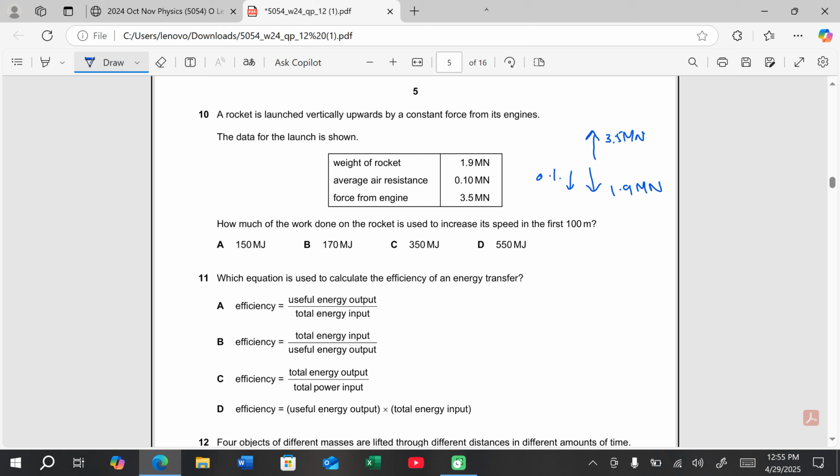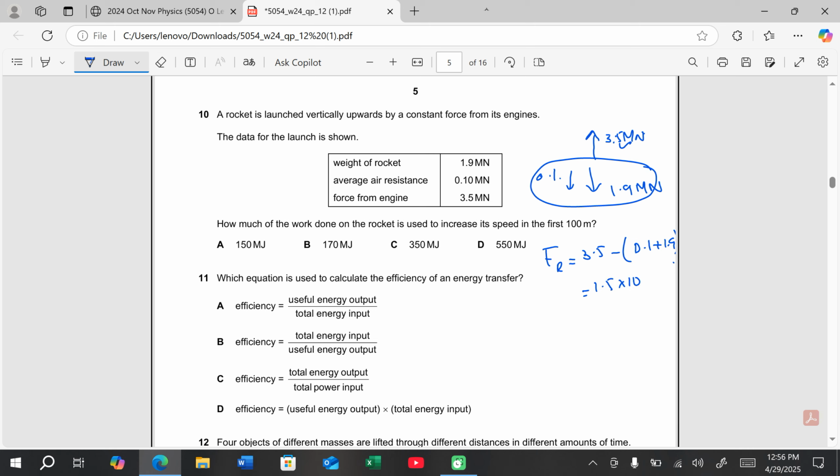So we need to subtract these two forces from this so that we can get a resultant force. So the resultant force is 3.5 mega newton minus the sum of these two, which is 0.1 plus 1.9, so you'll get 1.5 mega newton.